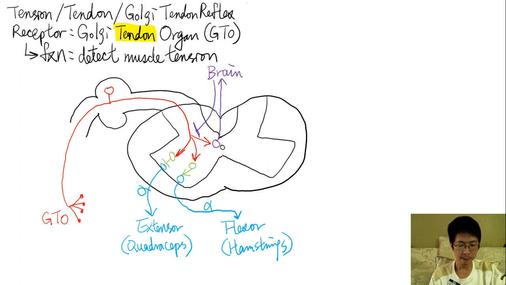Again, the same thing. We call this polysynaptic. Or some people call it disynaptic. That's okay. Why? Because they are not monosynaptic. That's the whole point. As long as they're not monosynaptic, I don't care what they call, okay?